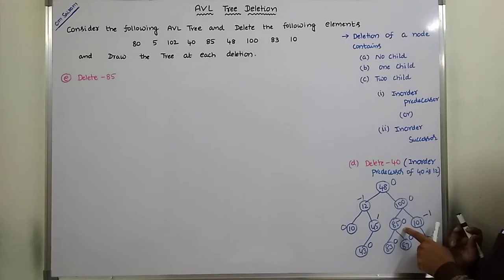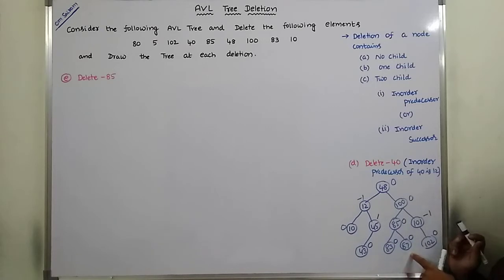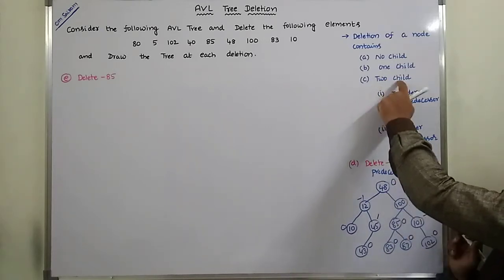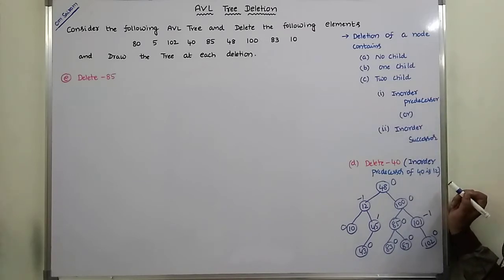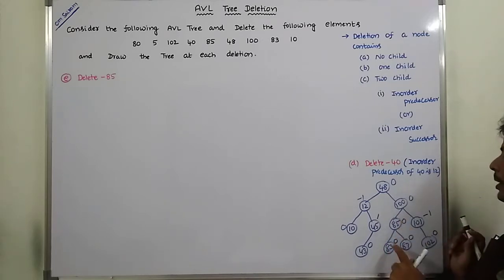Now, this element we have to delete. It has two children, one left child and another right child. So if the deleted node has two children, it can be replaced with either the in-order predecessor or the in-order successor. Now I am considering the in-order predecessor. For this node, the left subtree contains only a single element, that is 83. The maximum element in the left subtree is also 83.